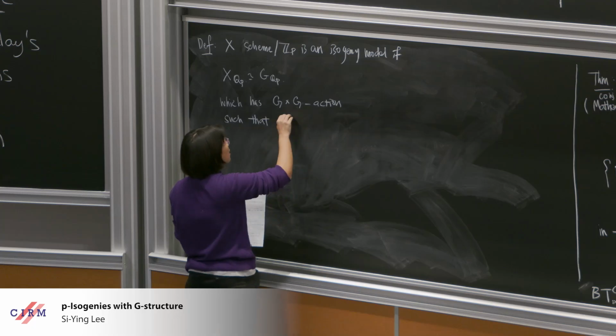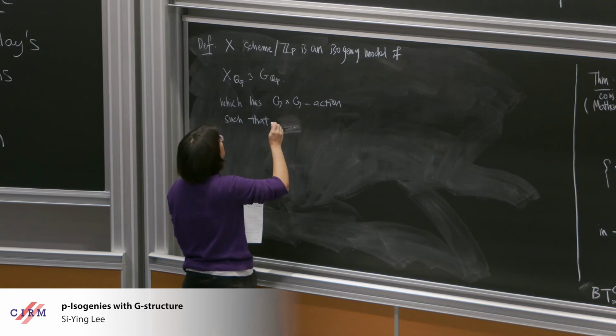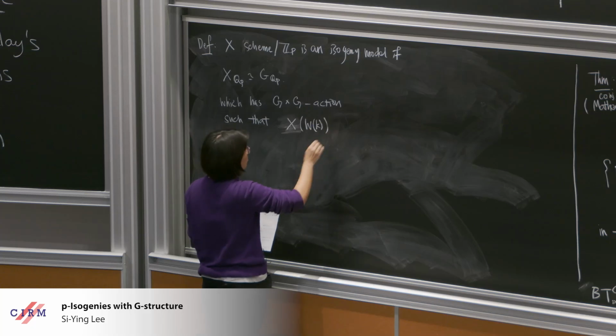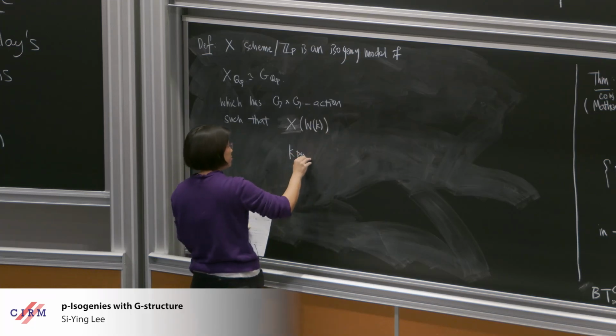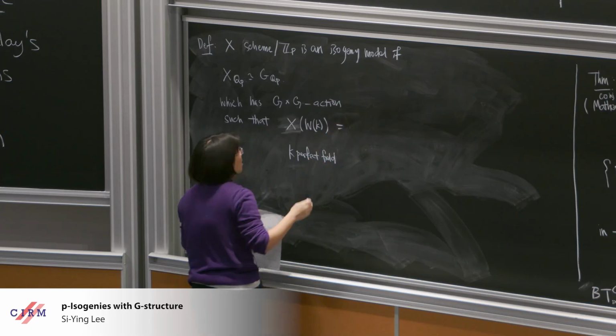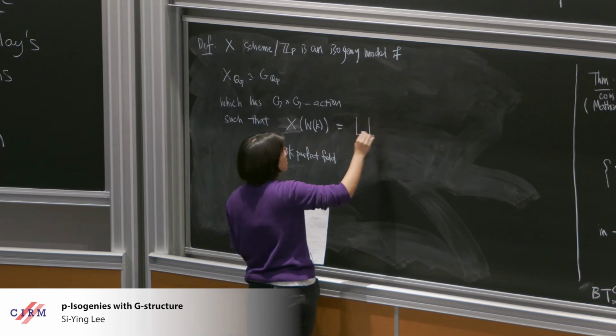Here k is a perfect field. This thing is a disjoint union.